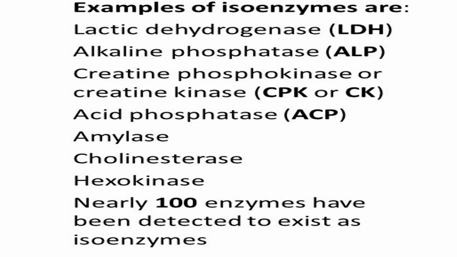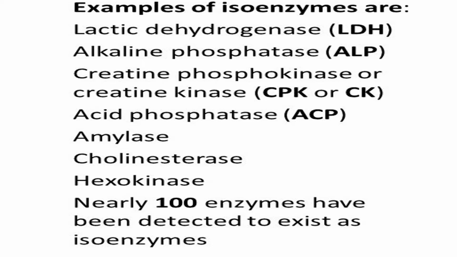Now, these are the examples of a few isoenzymes which are commonly found, not only in the plasma but in tissues: lactate dehydrogenase, alkaline phosphatase, creatine phosphokinase or creatine kinase. The same enzyme, we call it either CPK, creatine phosphokinase, or creatine kinase.